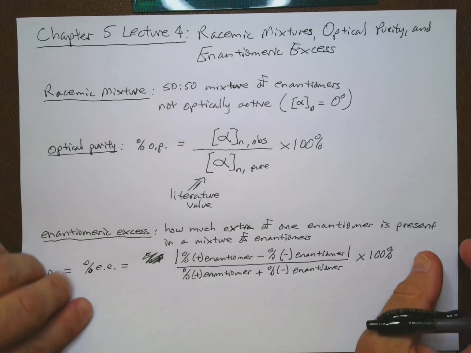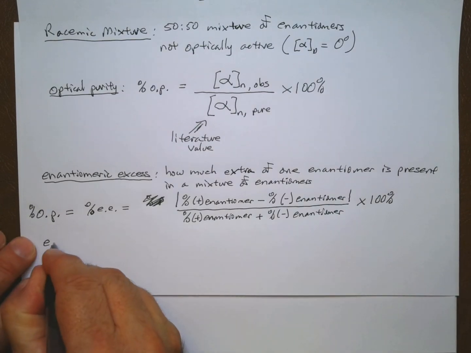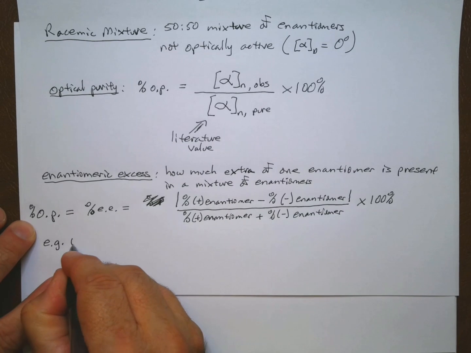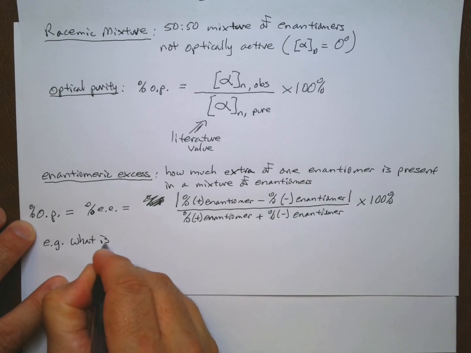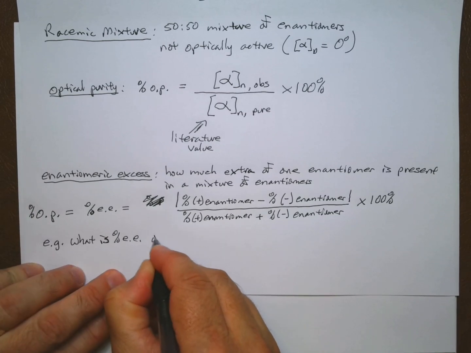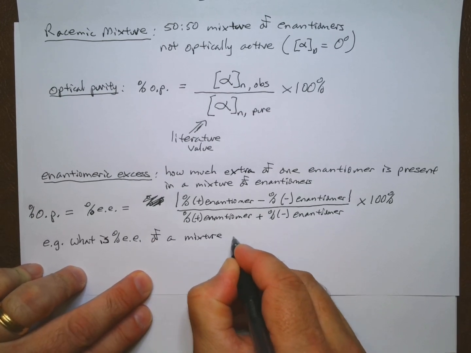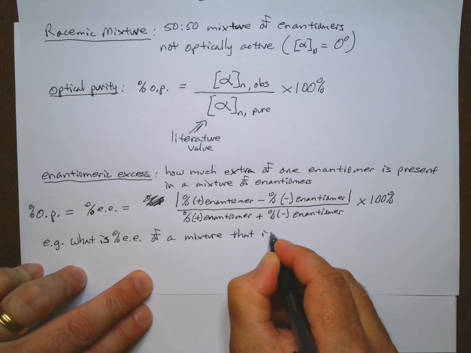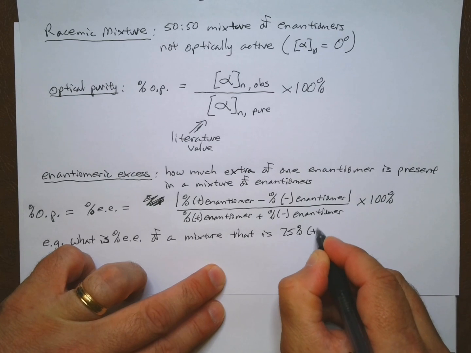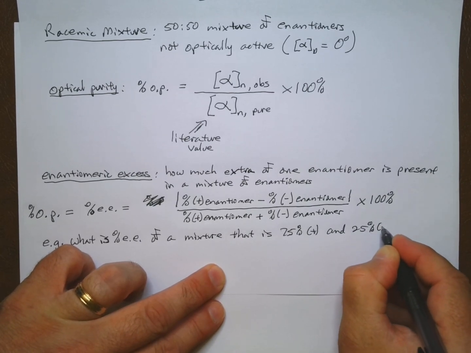So let's just say, as an example, what is percent EE of a mixture that is 75% plus and 25% minus.